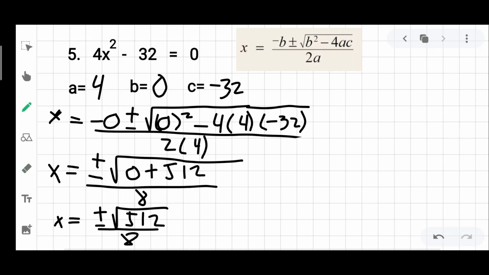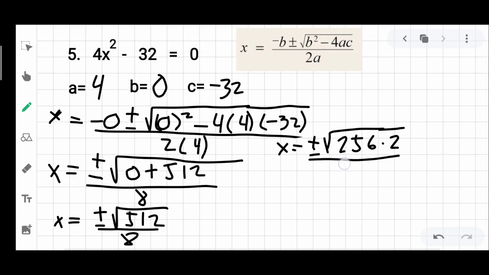Next na gagawin natin is copy x equals positive and negative square root of. Yung 512, meron siyang factor na yung isa perfect square, yung isa hindi perfect square. And that is 256 times 2.